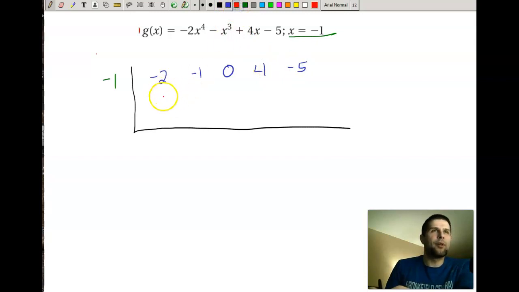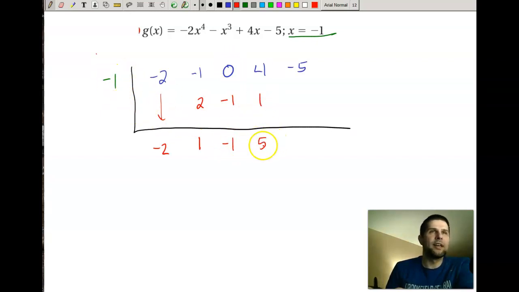So now we do the same process. We're going to bring down that -2 and basically start multiplying and then adding. So -1 times -2 is 2. I'm going to add to get 1. This becomes -1 because I'm going to multiply, and then I'm going to add to get -1. -1 times -1 is 1. I'm going to add to get 5.